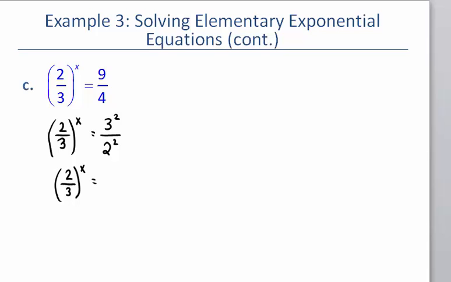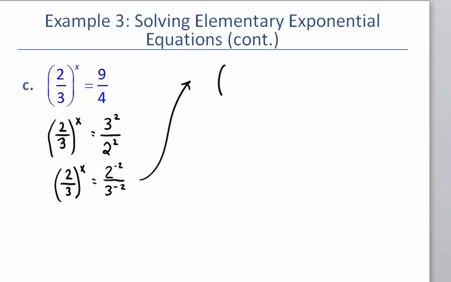Now, when I look at this, if I'm going to have it have the same base, this is 2/3 and this is 3/2. So it would actually be better if both of them were 2/3. So what if I take this 3/2 and move it down, making the exponent negative, and I take the 2 to the second and move it up, making the exponent negative?